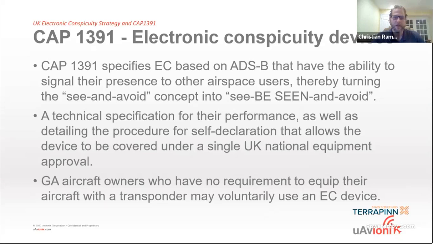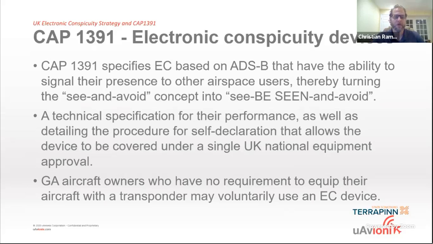CAP 1391 is the UK's document that describes what an electronic conspicuity device is. It is a device based on ADS-B. Very simply, it is a technical specification for how electronic conspicuity devices should work, what power they should output, what frequency they should output, what parameters they should output. The UK CAA was very, very forward thinking in defining a low-cost ADS-B standard.